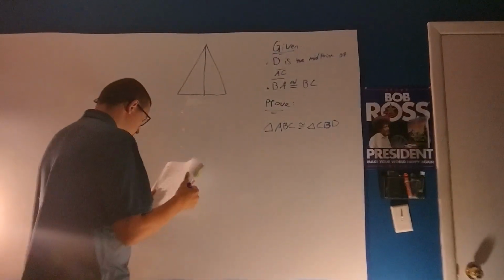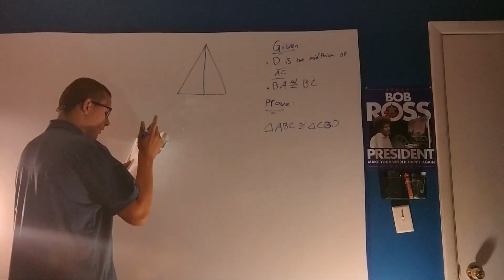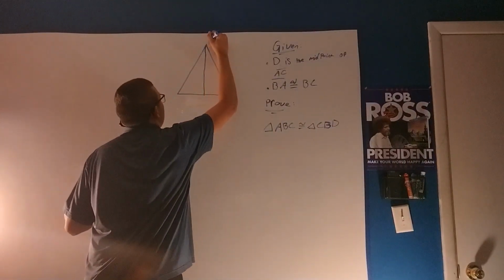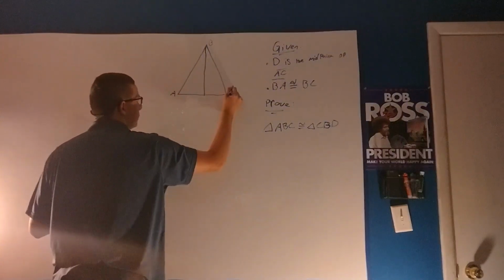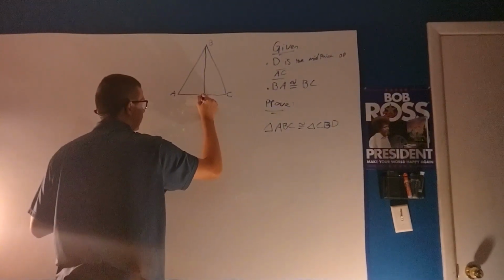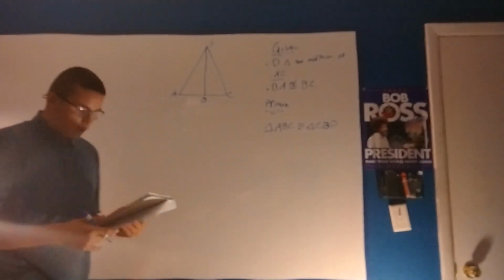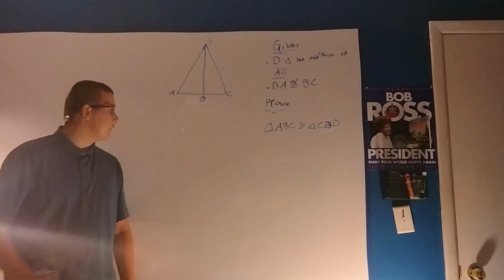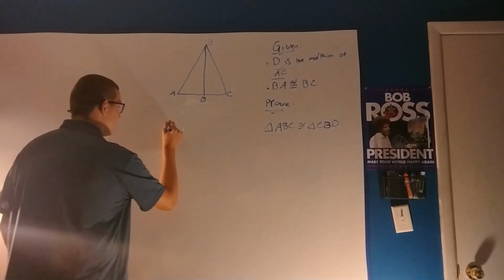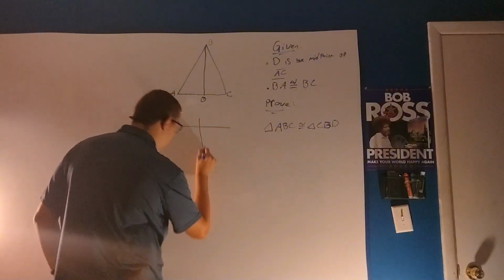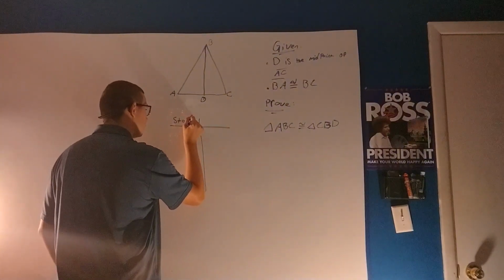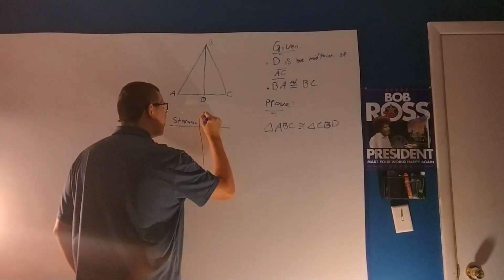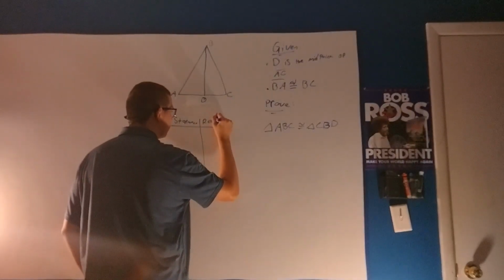CBD like that, and I have to label this up here. B, A, C, D. So that's our triangle, and I'm going to write out right here our table for this, our statement and reason.